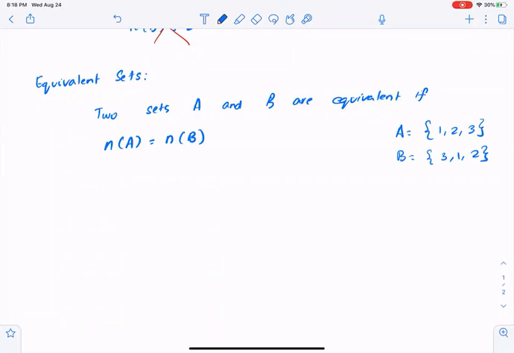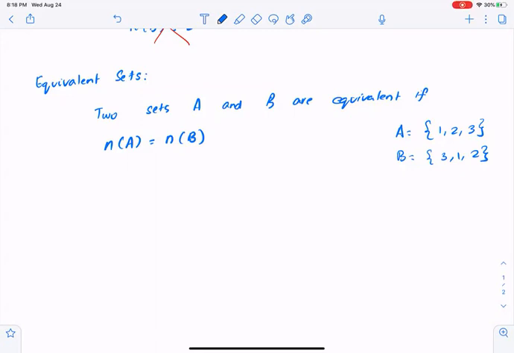Sure, in the case that I pointed out, the sets are the same. If I asked you, are they equivalent? They certainly are, because the number of distinct elements in A is the same as in set B. So they are equivalent sets. By all means, they are the same set written in a different order.